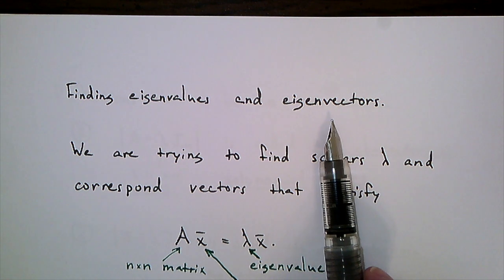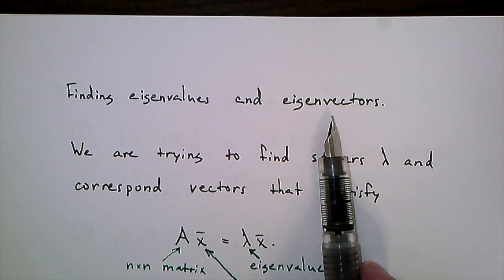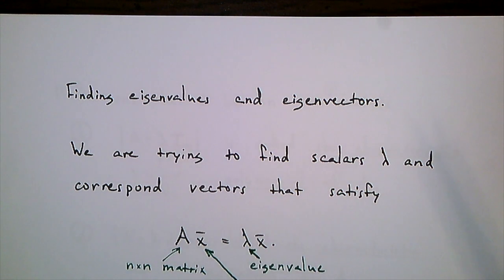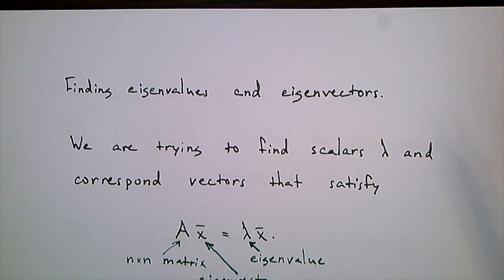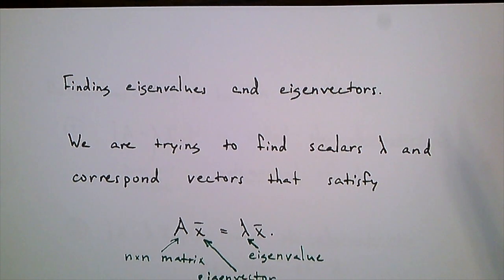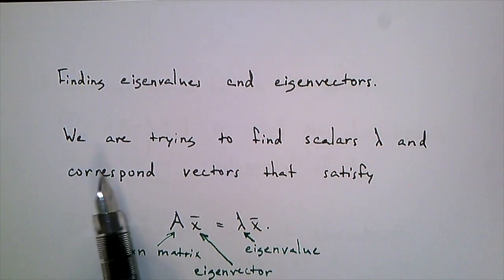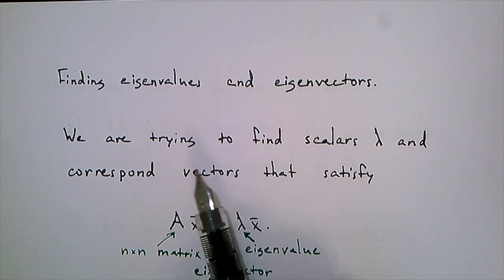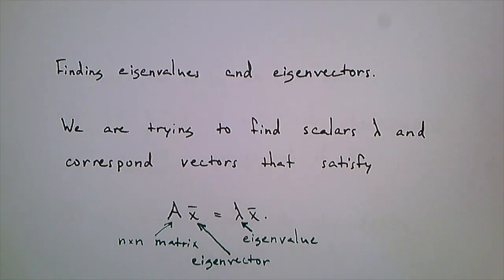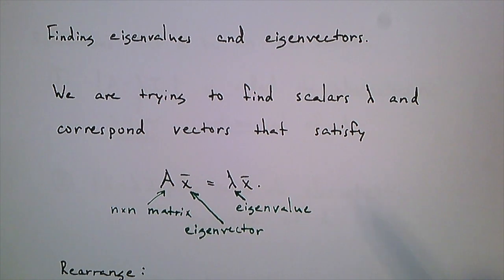But what if we're just given a matrix? How could we find eigenvectors and eigenvalues? Let's think through what that actually means, what we would be trying to do.